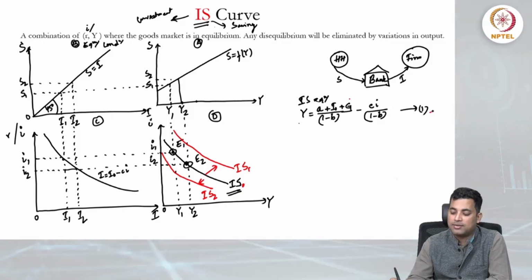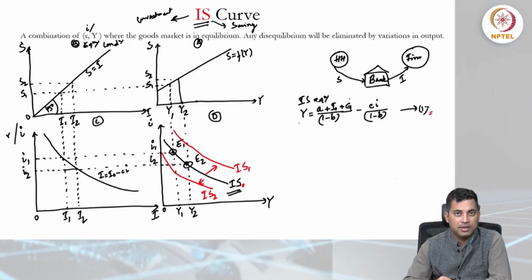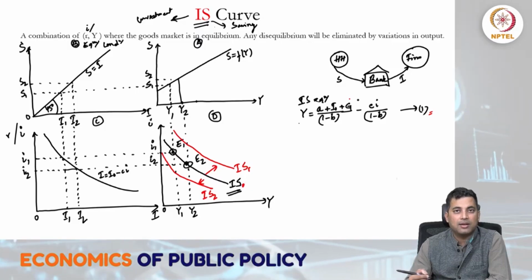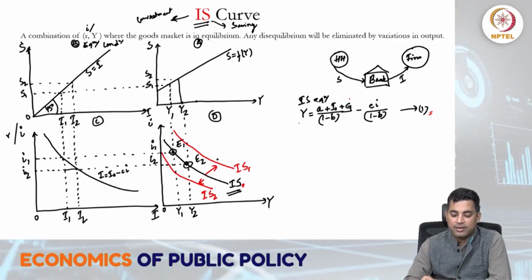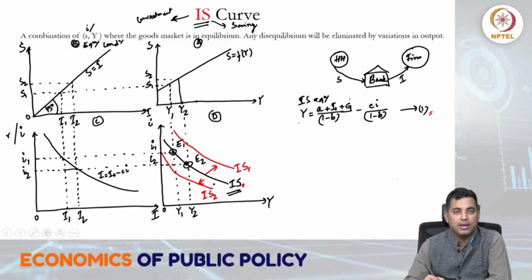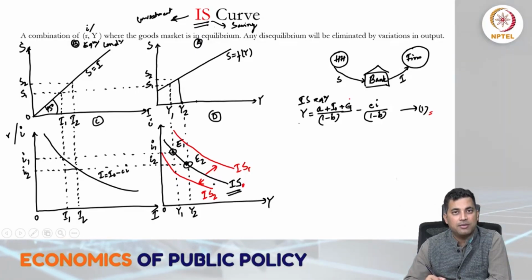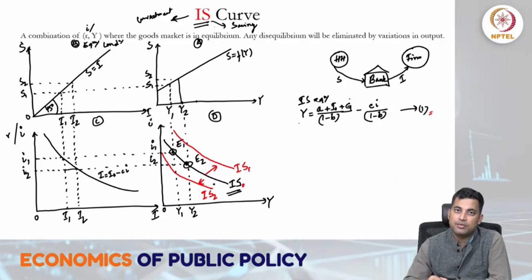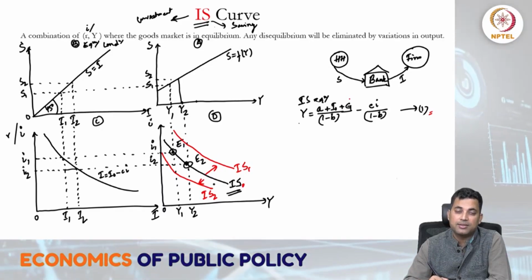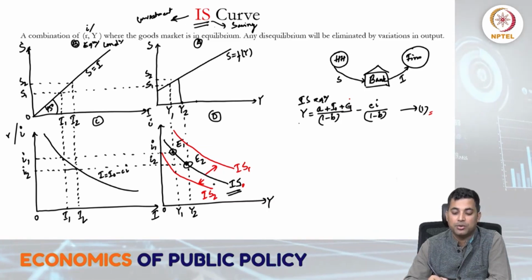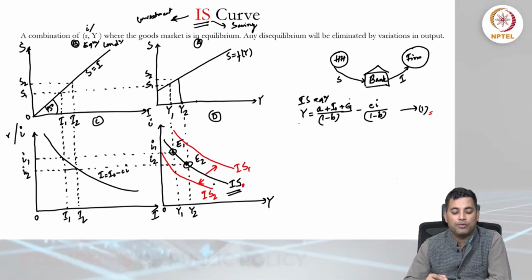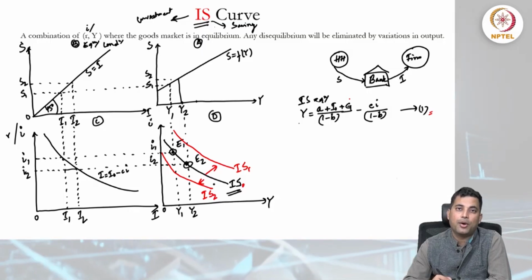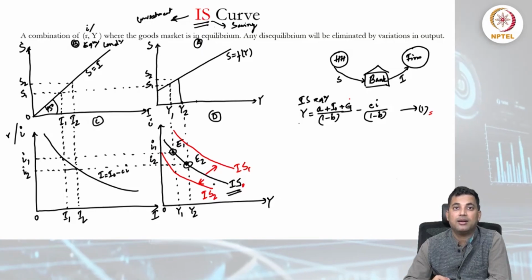So equation 1 is the product market equilibrium condition, the IS curve equation. With changes in government expenditures and taxes, the IS curve also shifts accordingly. Through expansionary fiscal policy, the IS curve will shift rightward. With contractionary fiscal policy, the IS curve will shift downward, and that's how all 4 panels show the functional relationship between all the broad indicators of aggregate demand. So we are getting the IS curve from the aggregate demand curve.